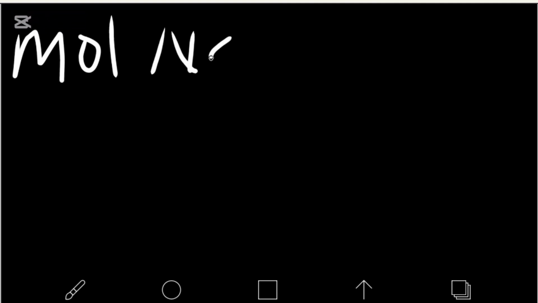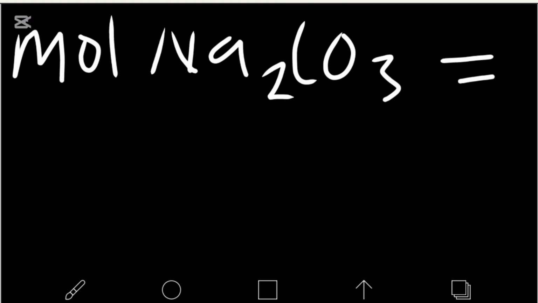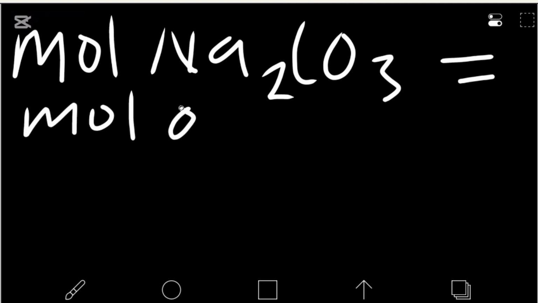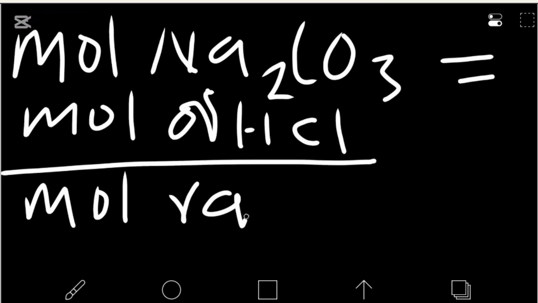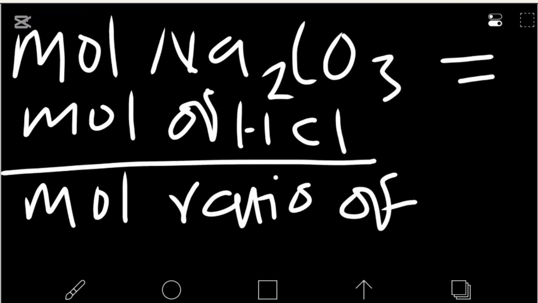So mole of sodium carbonate is equal to mole of hydrogen chloride divided by mole ratio of hydrogen.